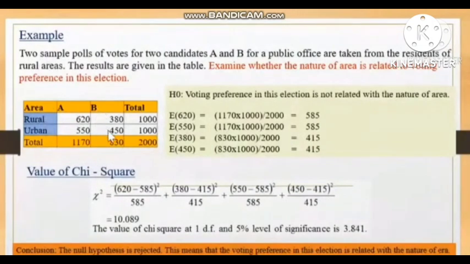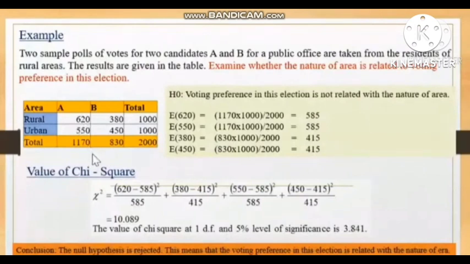Candidate B has got 450 votes from urban area. So this is the meaning. So there are 4 observed frequencies, 620, 380, 550, 450. Now we have to find the expected frequencies. These are observed frequencies, OI. We have to find E.